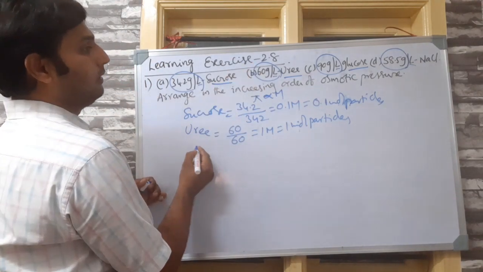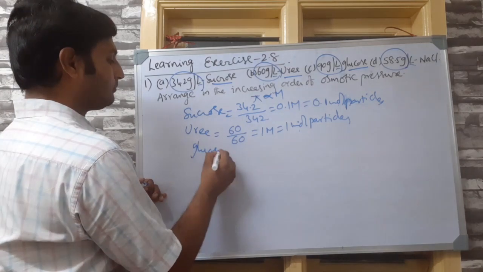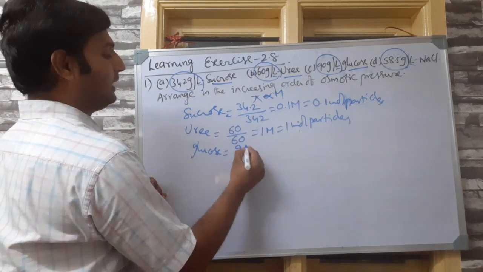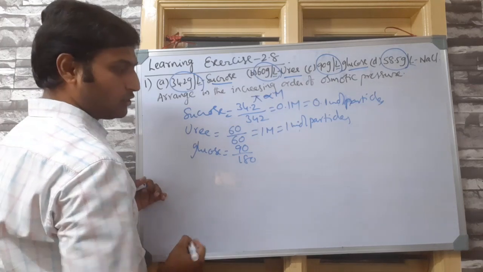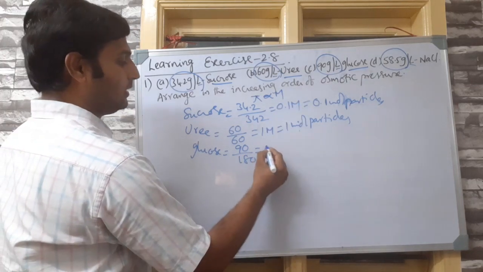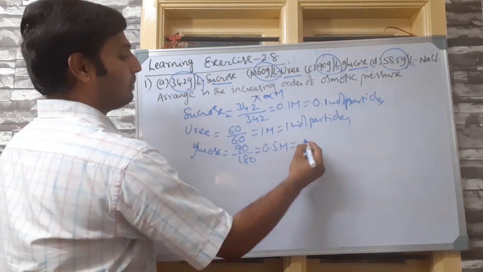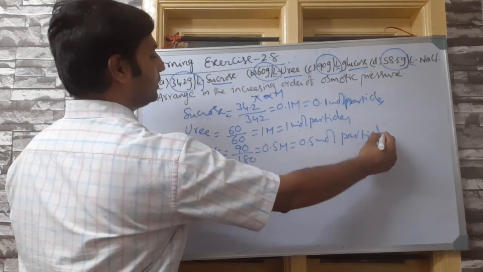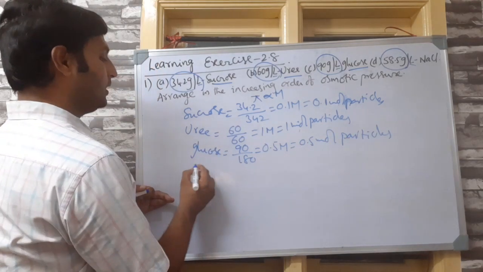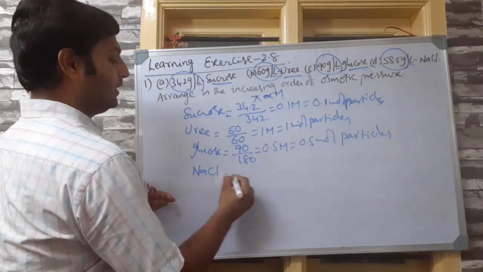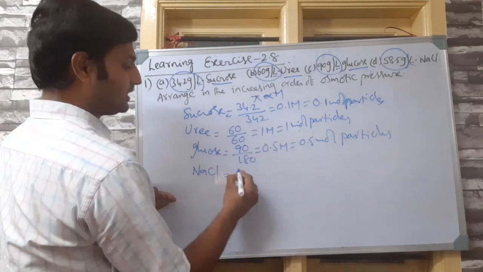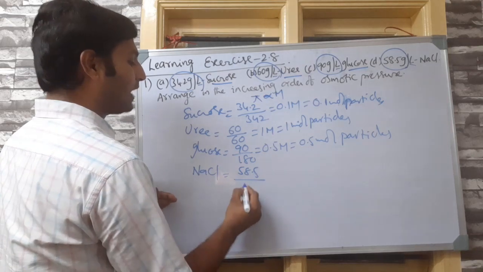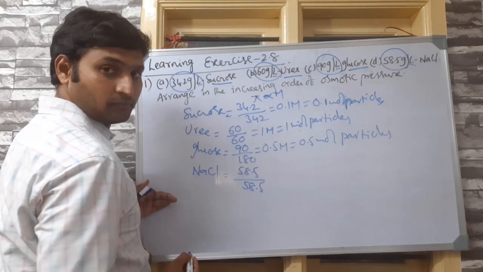Then glucose, 90 divided by 180, the molar mass of glucose. So you are getting 0.5 molar, and number of particles also will be 0.5 mole particles, because there is no dissociation for glucose.